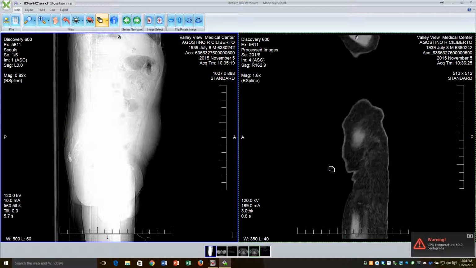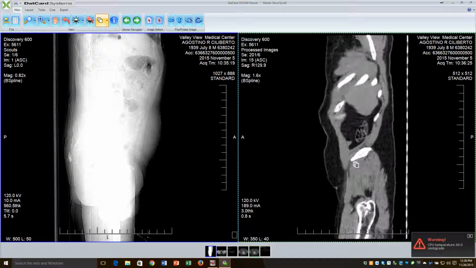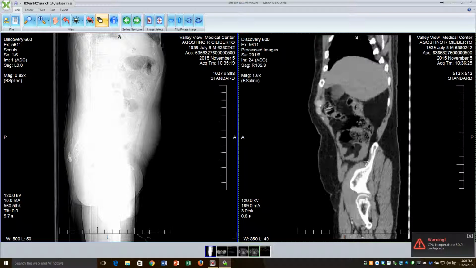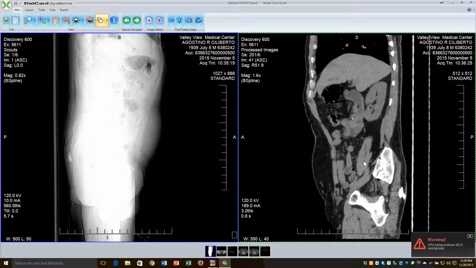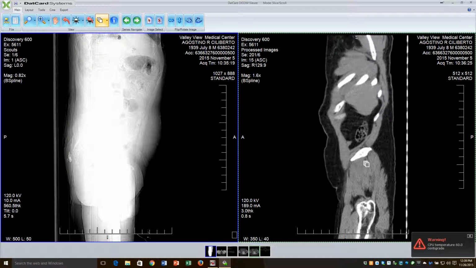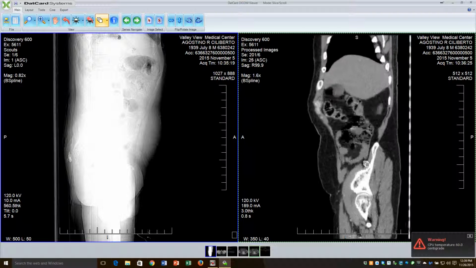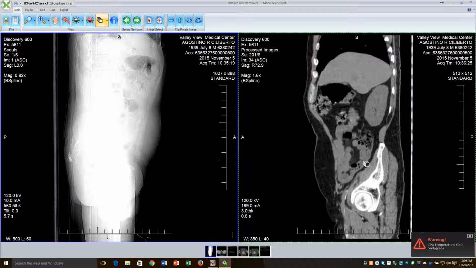So here, now, this is a sagittal view, and it looks like we're moving from the patient's right side, moving through the abdomen to the left side.